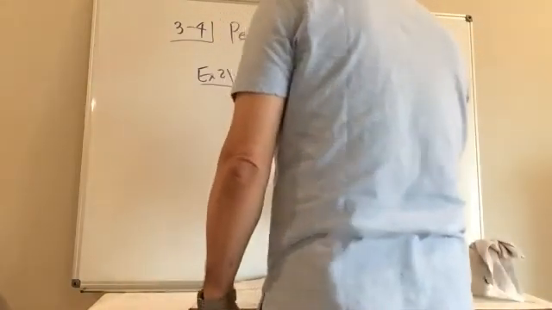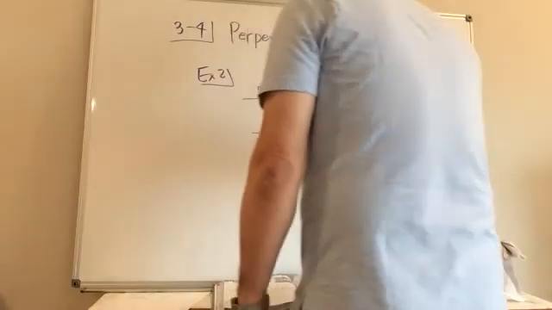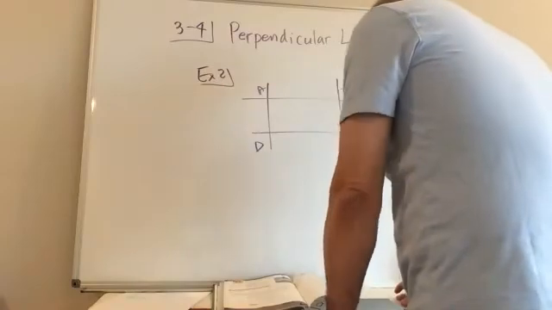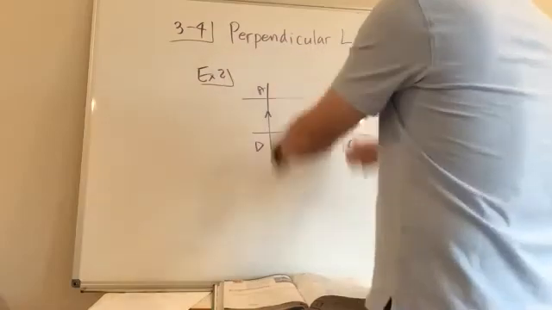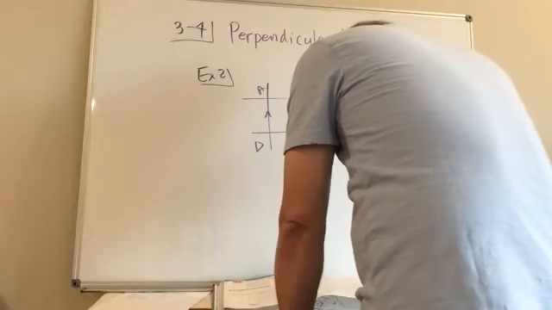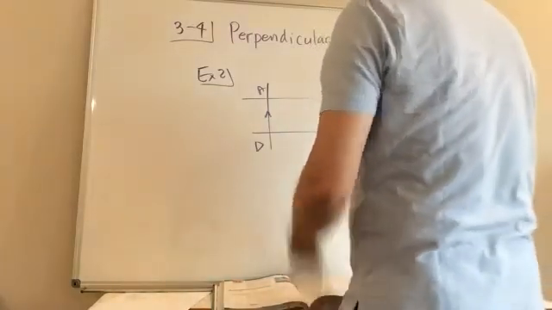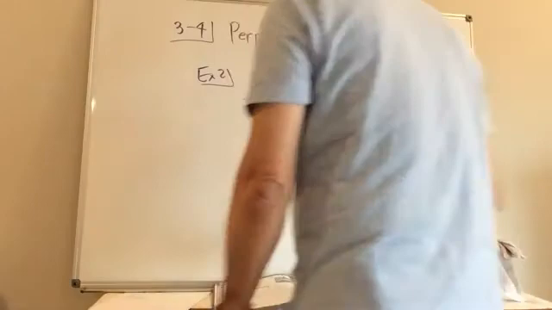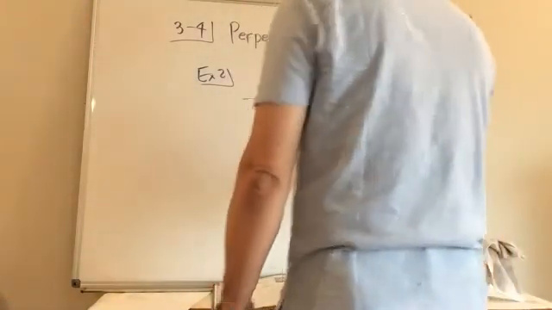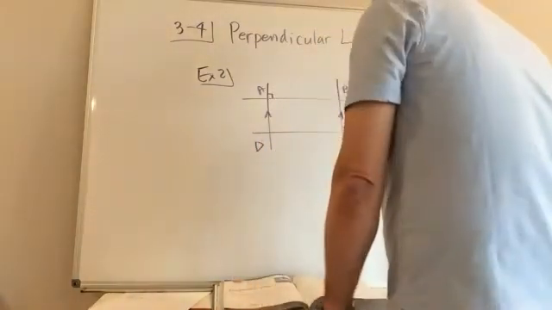So I have A, B, C, D. Given that AD and BC, these two lines, are parallel, and AD and AB are perpendicular to each other, and BC and DC are perpendicular to each other.